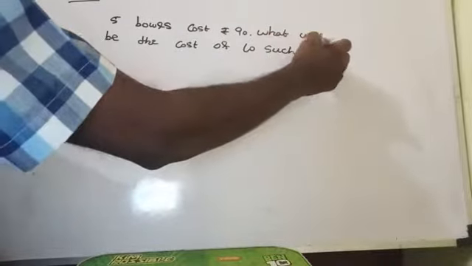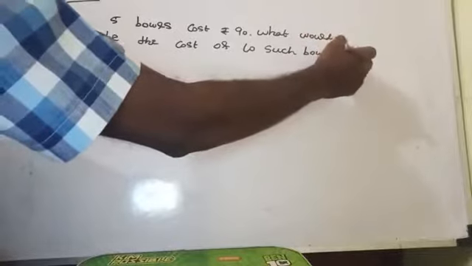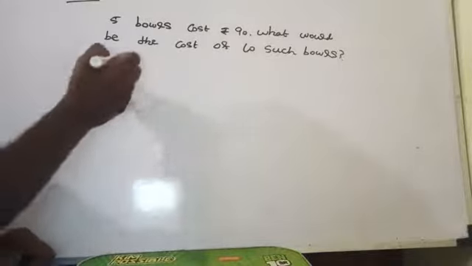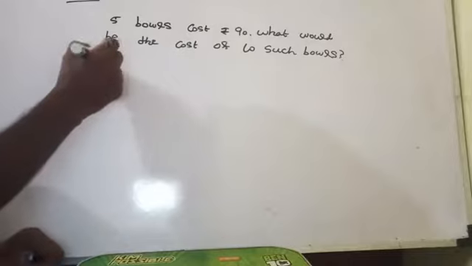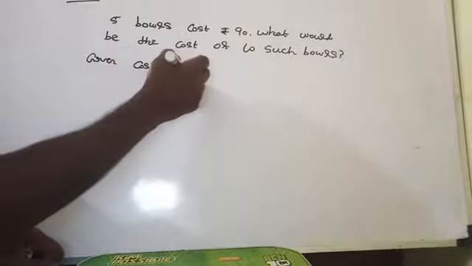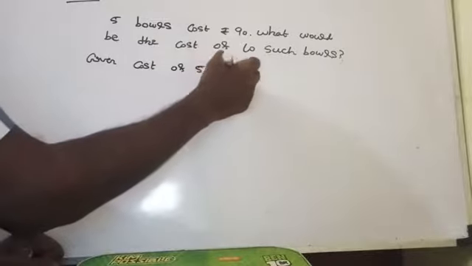Now you can do it in two ways. First method, you can use the unitary method that you already learned in class 6. Another method, you can solve with the proportion method. Now first we will solve with the unitary method. Given the cost of 5 bowls is rupees 90.